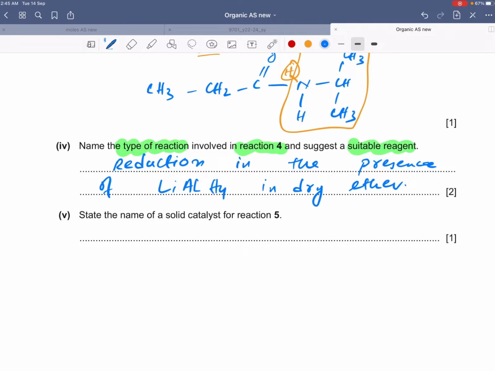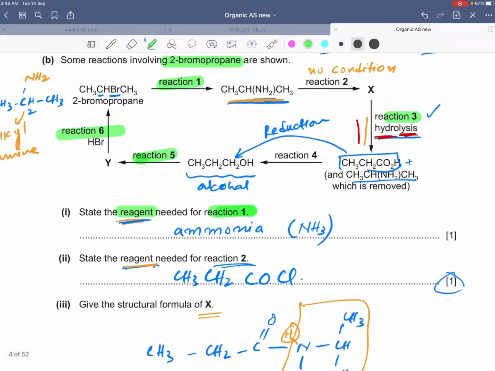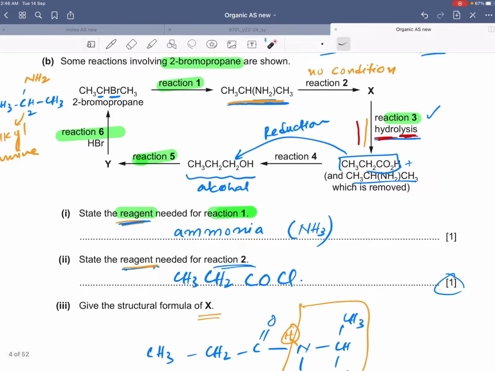Next part is state the name of a solid catalyst for reaction 5. What is happening in reaction 5? In reaction 5, alcohol is being converted into some substance, and as you can see in reaction 6, Y, which is coming from reaction 5, is reacting with HBr, and we are getting 2-bromopropane.